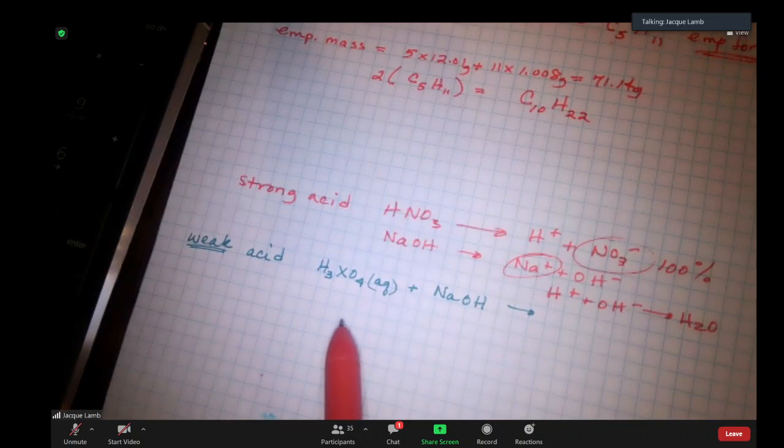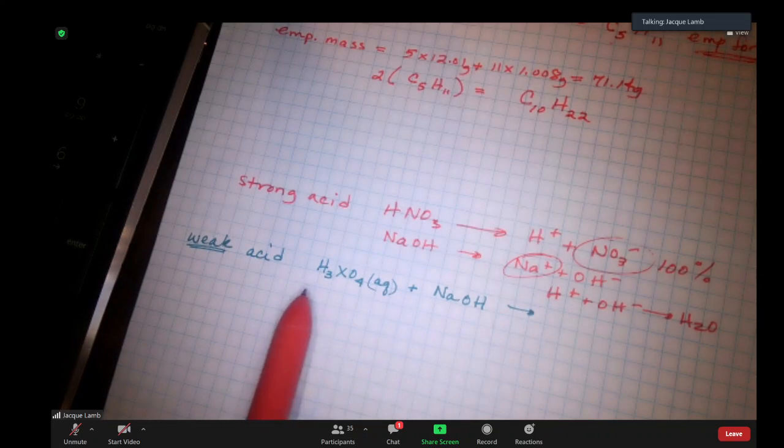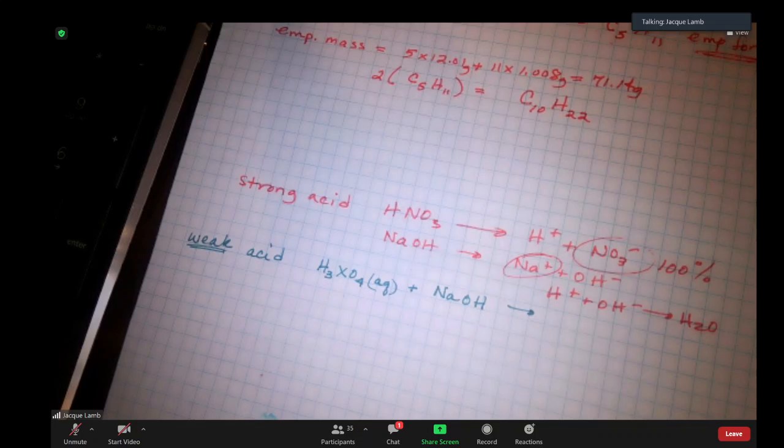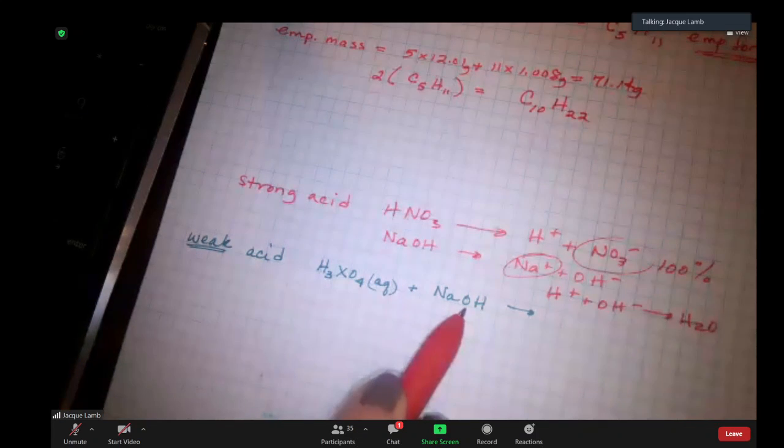So one problem people had was recognizing where to break the compounds, and that was true on the ionic double displacement reactions as well. But you are told that this is a weak acid. That means it doesn't dissociate 100%. The second thing that you have to recognize is all of those hydrogens listed first, they're all acidic hydrogens. They are all going to form water with OH.